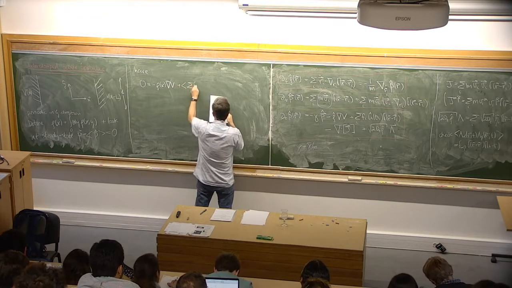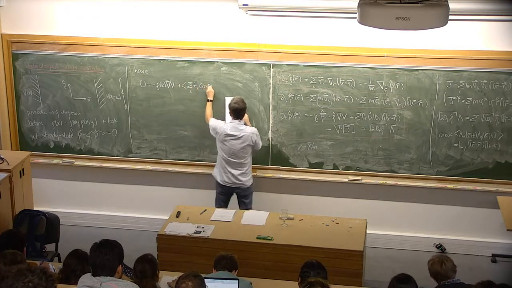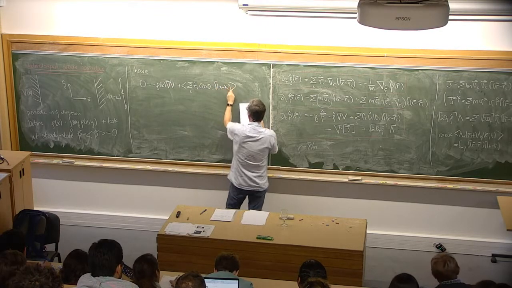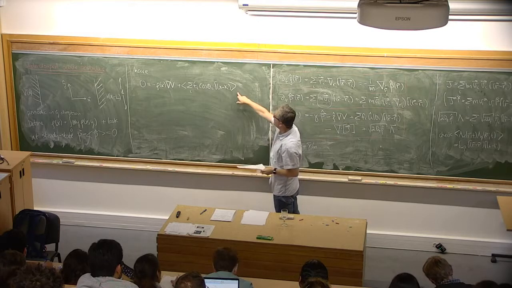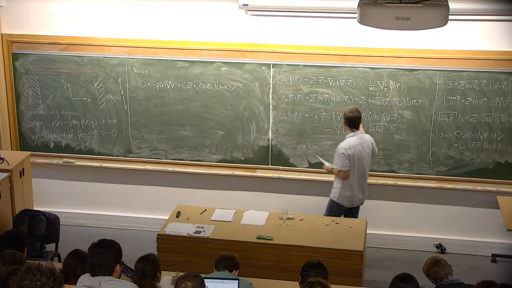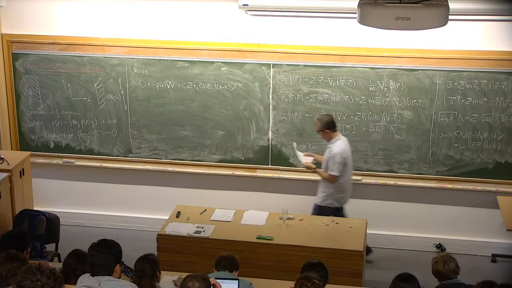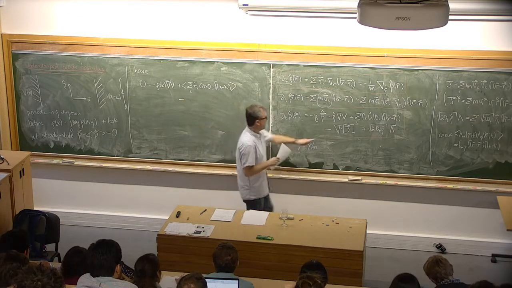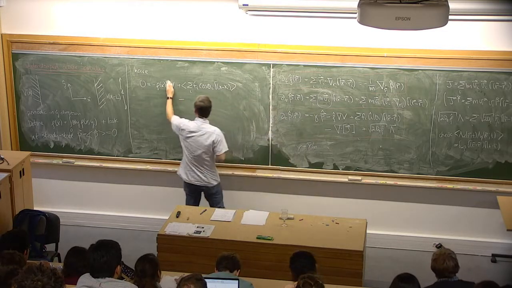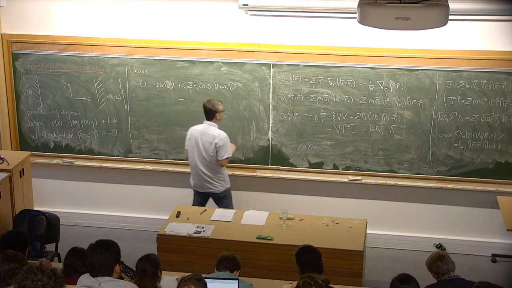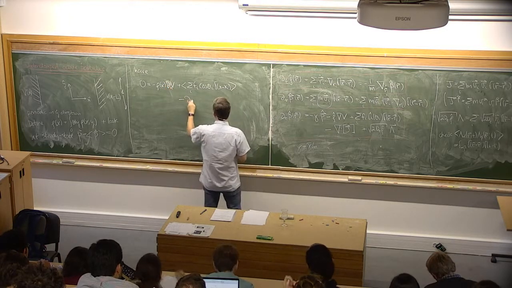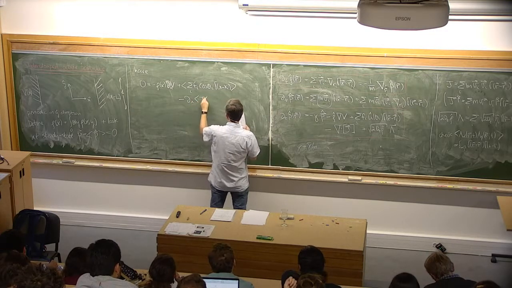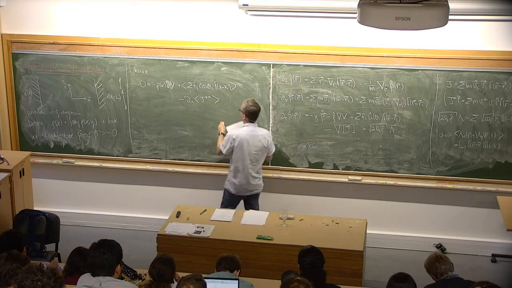Plus the average of the sum over i of f_i cosine theta_i. So this is the active forces pumping in momentum, if you want. And then we have minus d/dx of the average of j_xx.